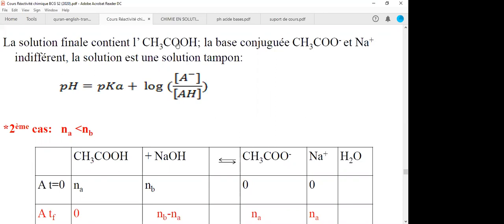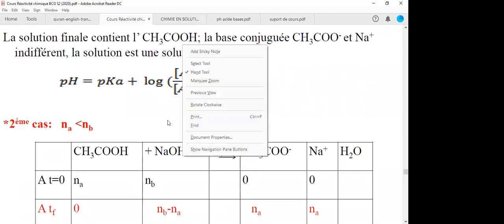So when you mix an acid and its conjugate base, it forms a buffer solution. And the pH of a buffer solution is given by pKa plus log of the concentration of the conjugate base divided by the concentration of the acid.